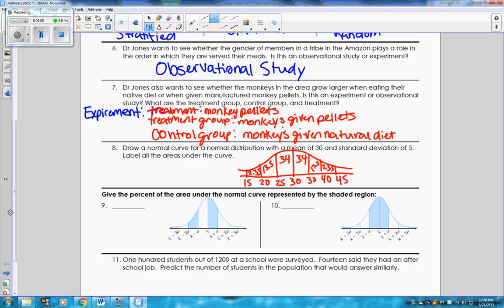And lastly, this little bitty section at the end is 0.15%. So that's a normal distribution curve with a mean of 30 and a standard deviation of 5.